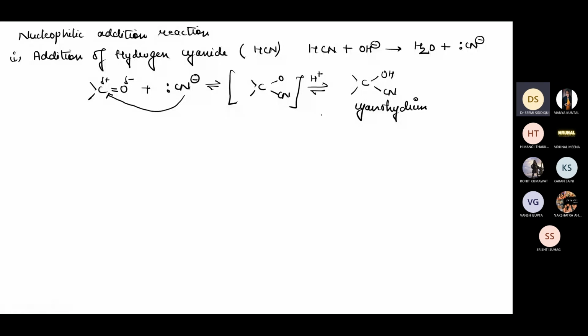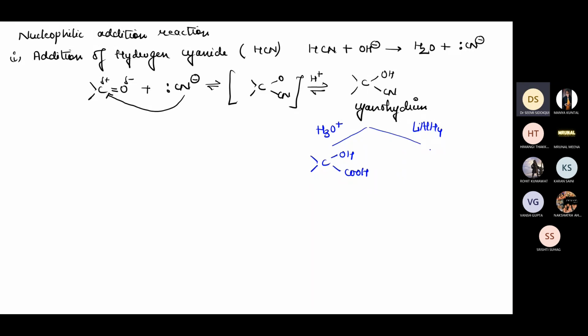What is going to happen is that with this cyanohydrin, two things can happen over here. The first thing, that the reduction can take place, and the second thing, that further hydrolysis can take place. Say suppose if the hydrolysis is going to take place, then your cyano group is going to change into a carboxylic acid.